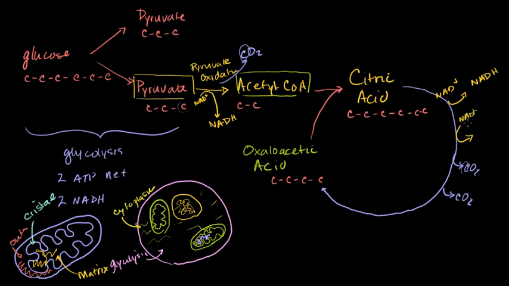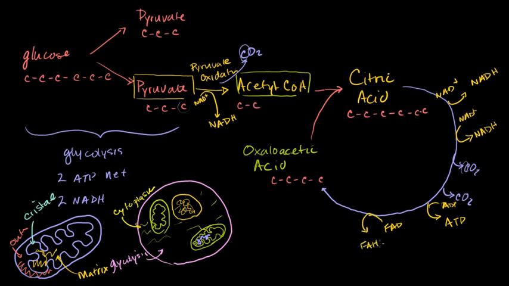Another NAD plus molecule will be reduced to NADH. Maybe we'll produce some ATP, some ADP will turn into ATP. ADP turning into ATP. Maybe we have some, and not maybe, this is what happens. Some FAD gets oxidized into FADH2.